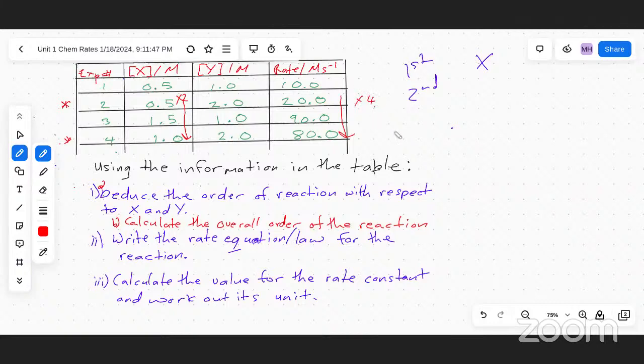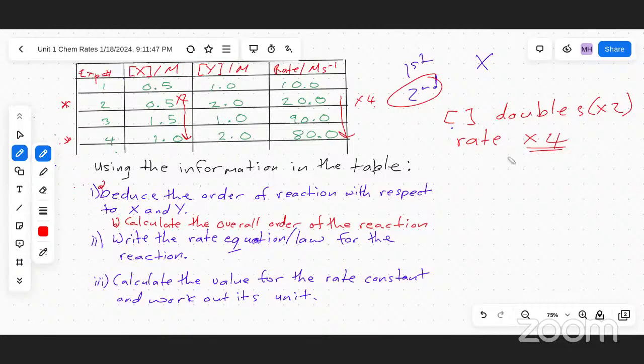So remember, for second order, the rate is proportional to the square of the concentration. When the concentration doubles, the rate goes up by 4. So second order is correct.